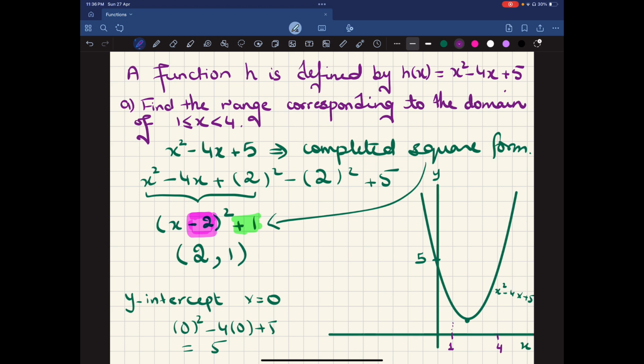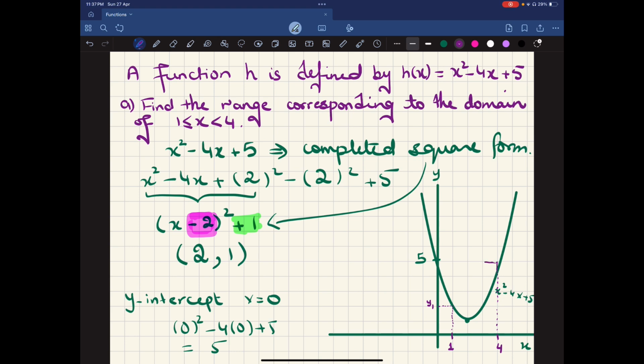At x equals 1, this is the value that you're going to get. And for x equals 4, 16 minus 16 plus 5 is 5.